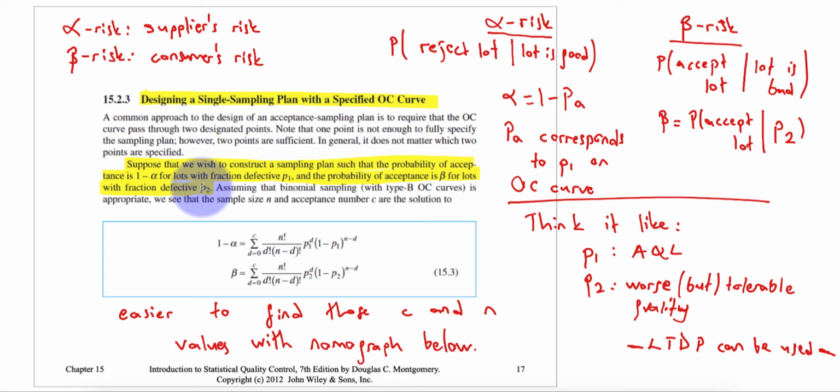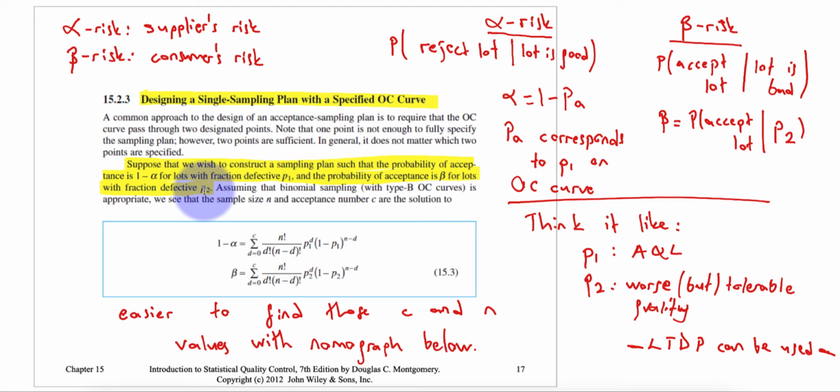Here we have chosen another fraction defective P2 because this P2 is the deviated fraction defective. We want the fraction defective at point P1, but it will be here. When it is here, and they accept the lot, this is the beta risk we are talking about, the beta probability. Why? Because at fraction defective P2 the lot is bad.